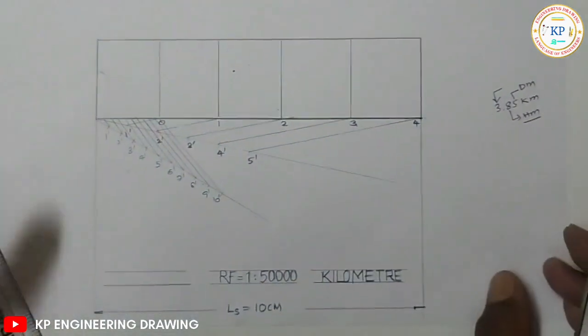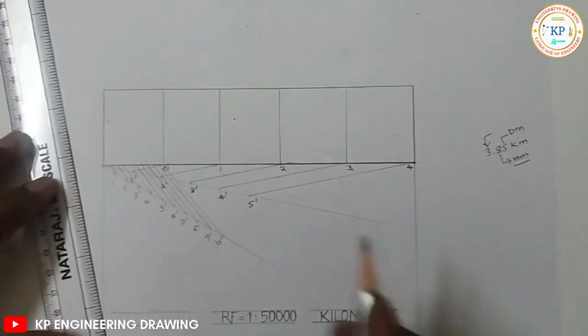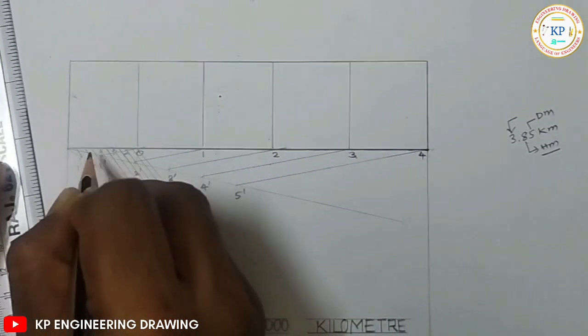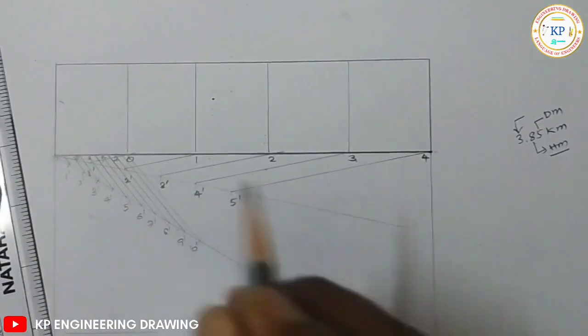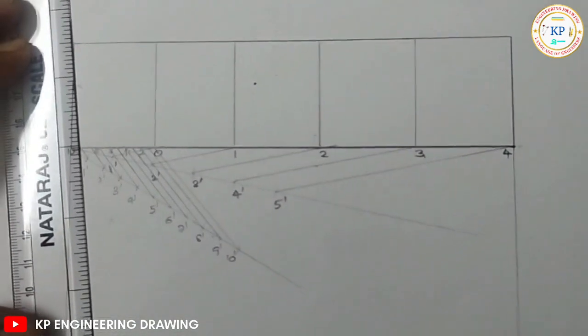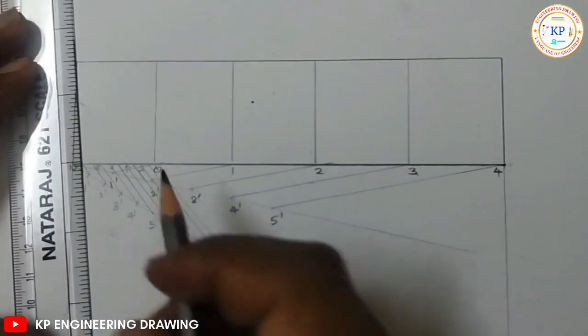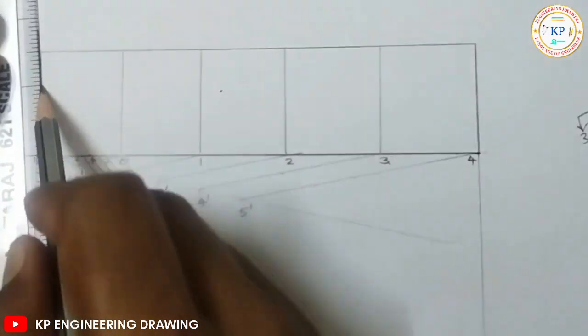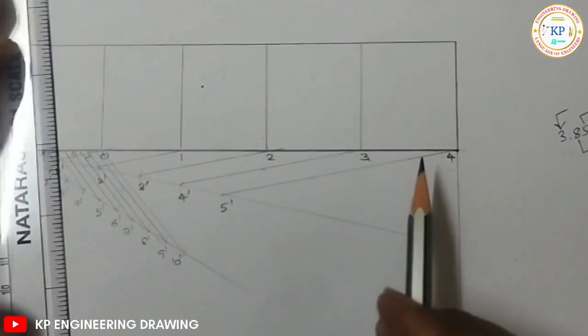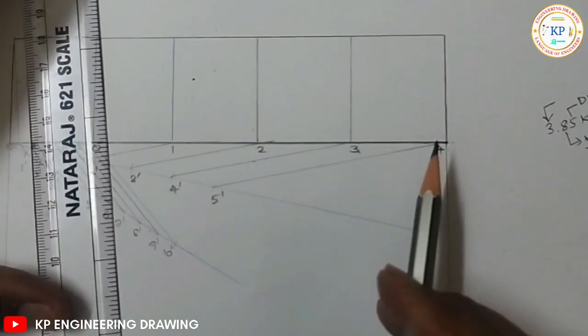Now you draw all diagonal lines. So here 0, 2, 4, 6, 8 and 10. From 10 and the corner point you fix your drafter and draw a diagonal line, fix your drafter and move to the next point.